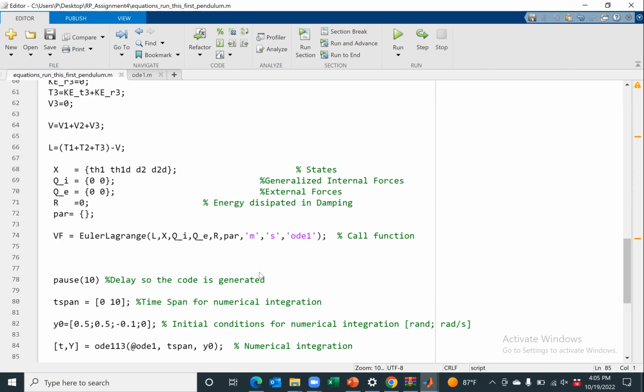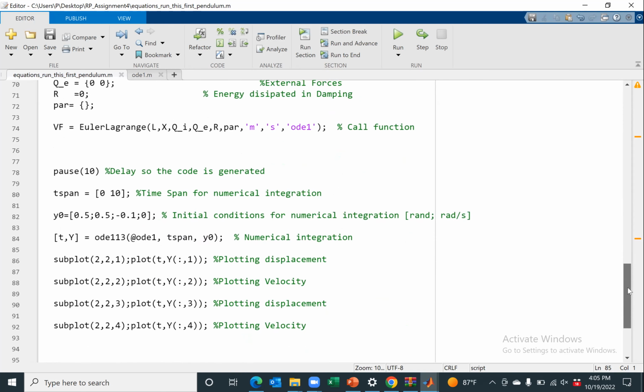Everyone understood this? Yes, @ODE1 is the function that we created on line number 74, which is the Euler-Lagrange, and can you see in the apostrophe that ODE1? Okay.